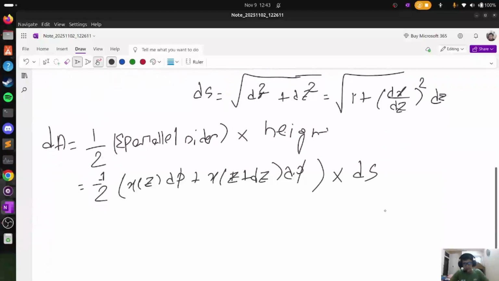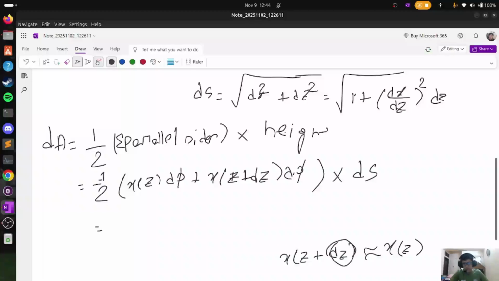Now we can approximate here that x of z plus dz we can approximate as x of z. Why? Because this increment is too small, right?